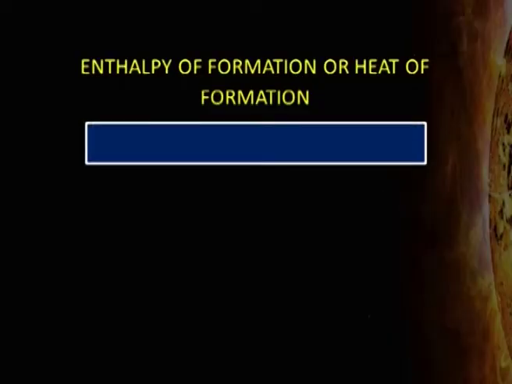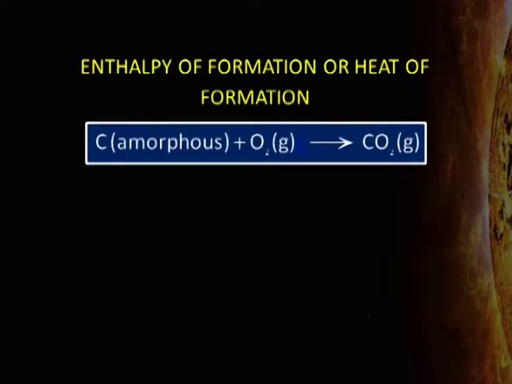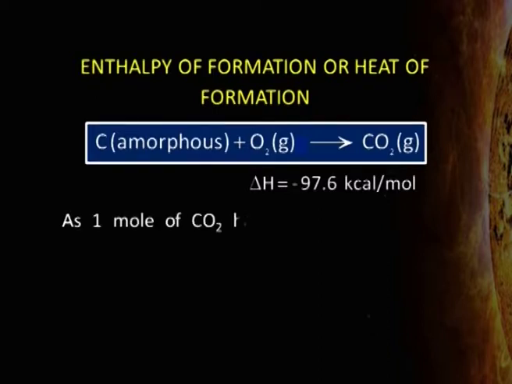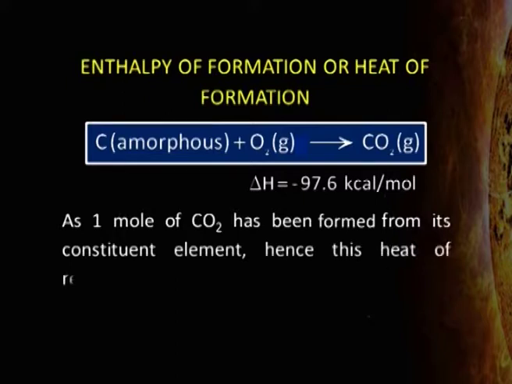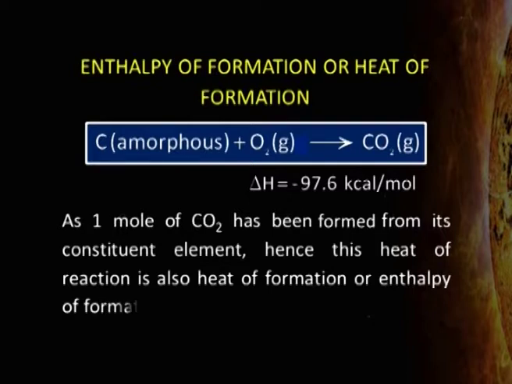There is an example: if amorphous carbon and oxygen react to give 1 mole of gaseous carbon dioxide, then the heat of reaction for this reaction is equal to minus 97.6 kilocalories per mole. As 1 mole of carbon dioxide has been formed from its constituent elements, hence this heat of reaction is also the heat of formation or enthalpy of formation of carbon dioxide.